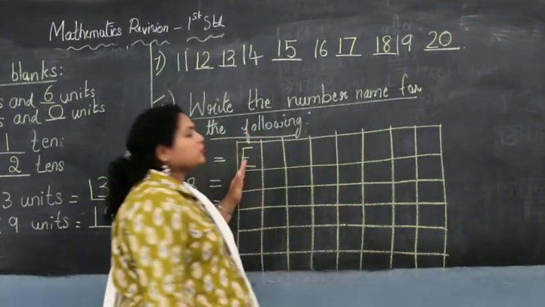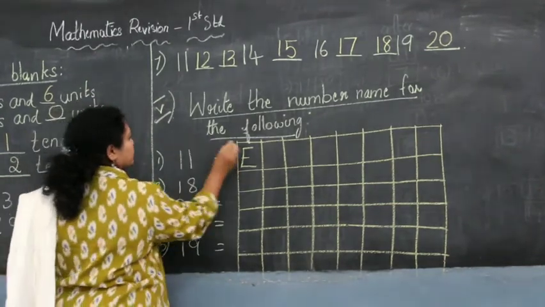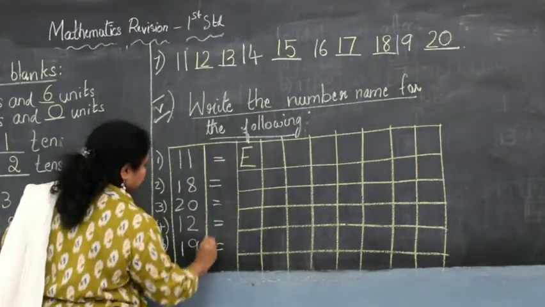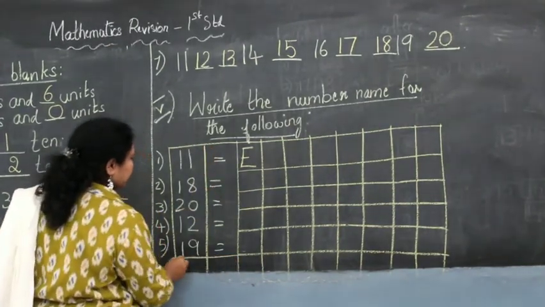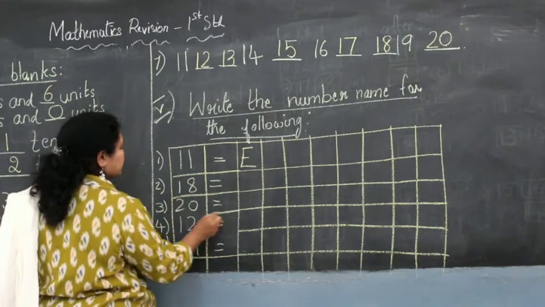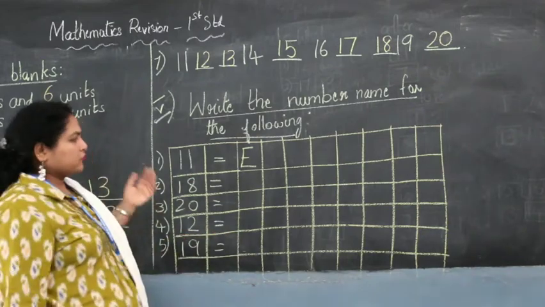So when I give 11 here, this will also be part of your box. I am doing this for your understanding. So learn to leave one line in between and write one line full. It will be easy for you to understand.